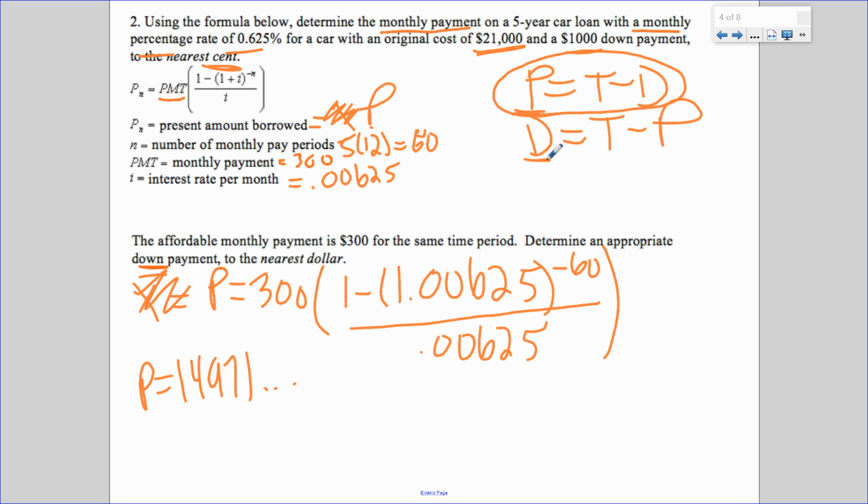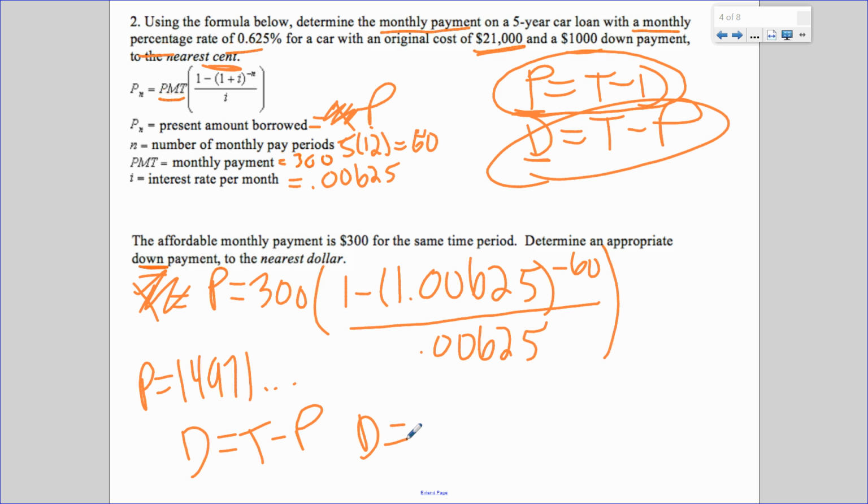It's just the algebra is going to be a little bit different. So I'm going to do it as D equals T minus P. D equals the total cost, 21,000, minus the P I just found, 14971 dot dot dot.